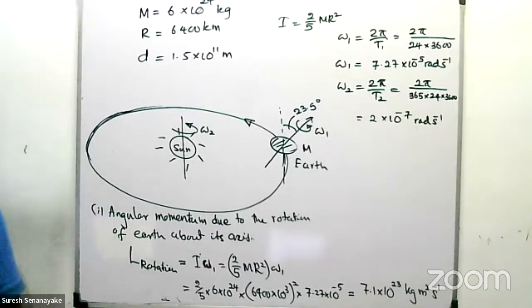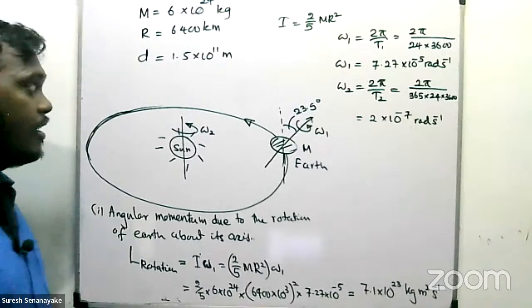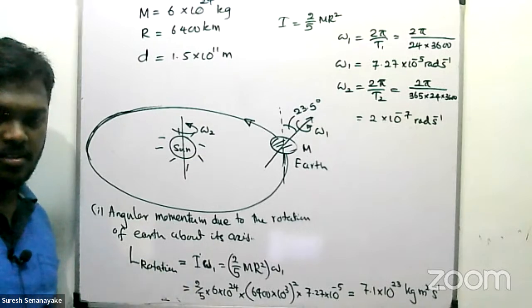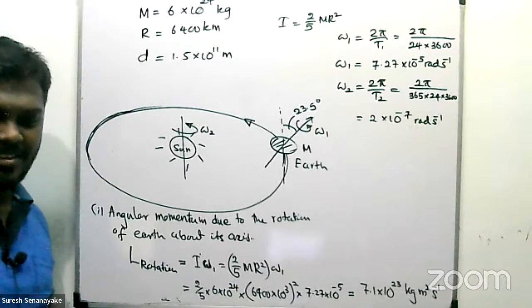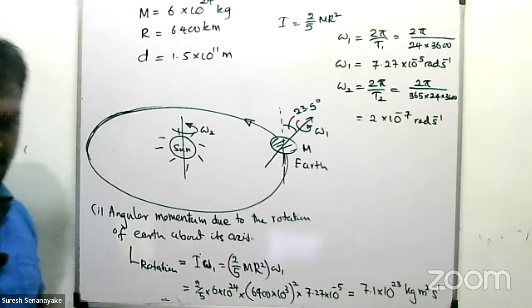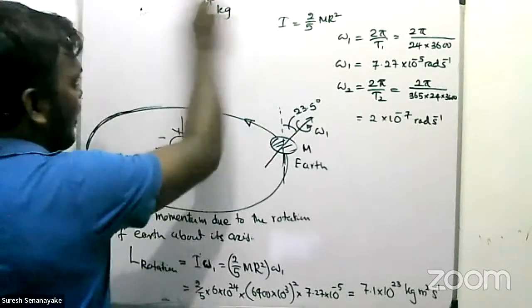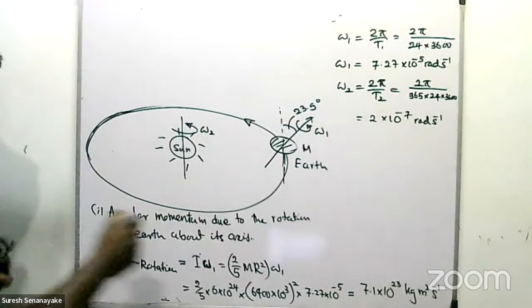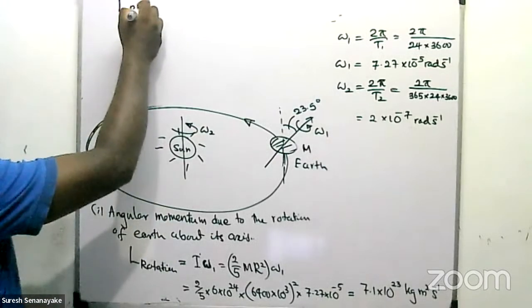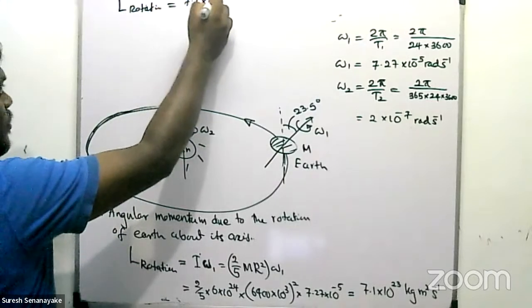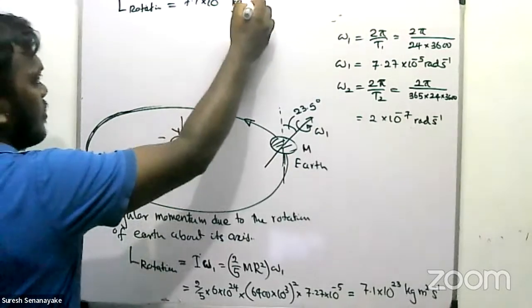Then you can write the angular momentum associated with the orbital motion of the Earth about the Sun. The rotation value is equal to 7.1 × 10^33 kilogram meter squared per second.